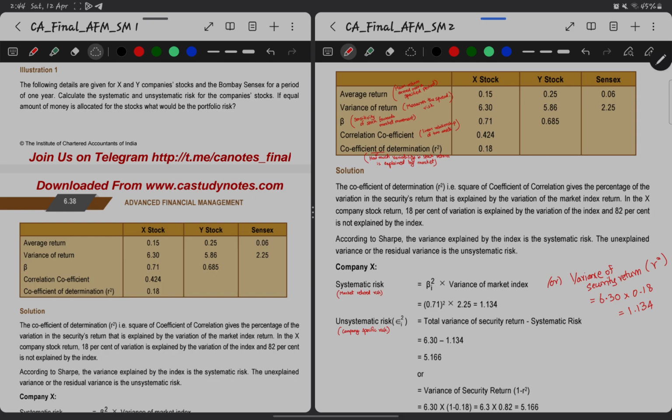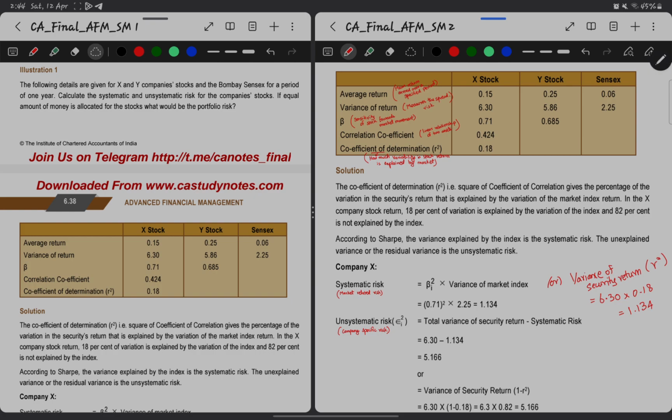In our case, X and the Sensex is correlated by 0.424. So if we square it, we'll get the coefficient of determination. And since, as I told, the coefficient of determination will be the variability in stock return explained by the market, so the rest portion will not be explained by the market, which is nothing but the company specific risk.